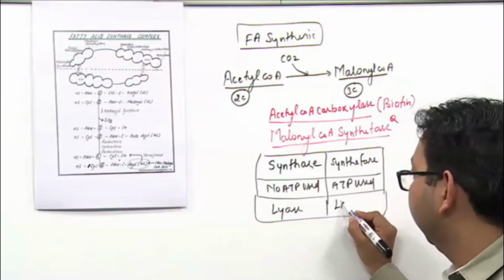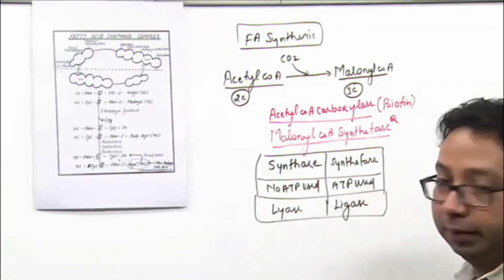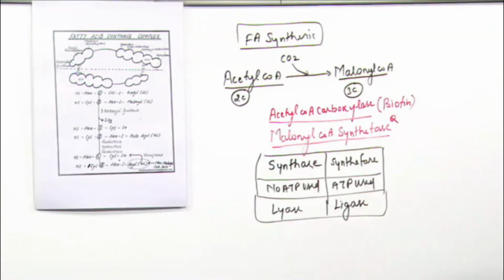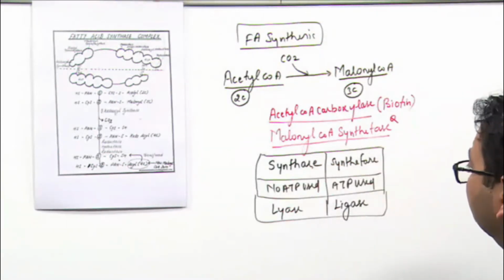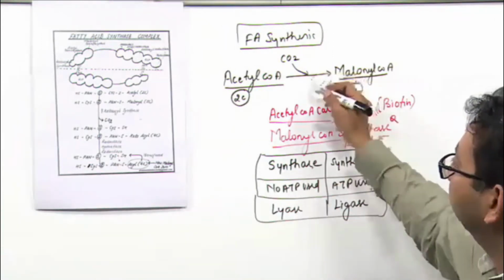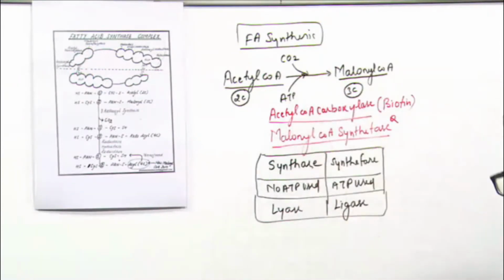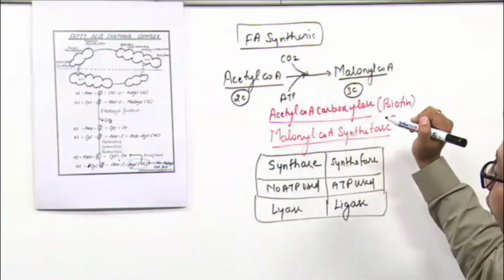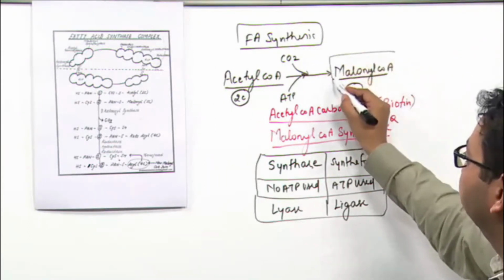Synthetase is classified under ligase. Ligase. Clear? So this is synthetase, it means ATP is used. So ATP used, malonyl coenzyme A produced.